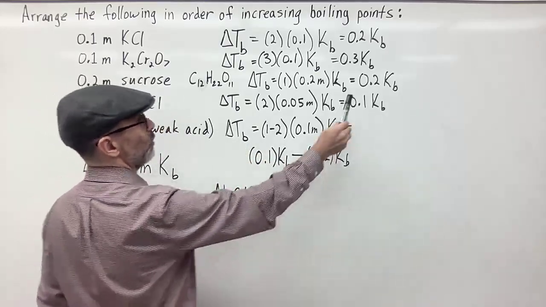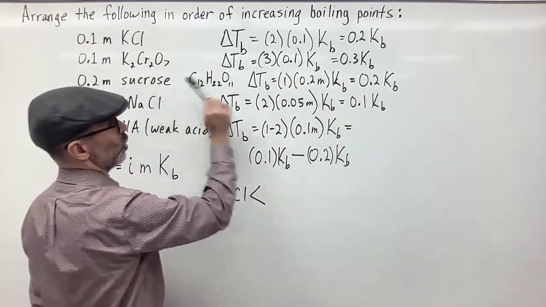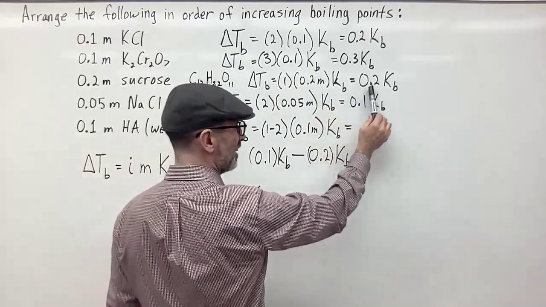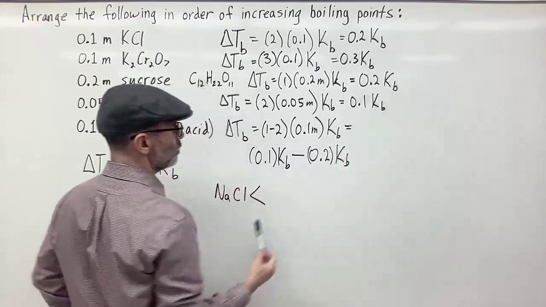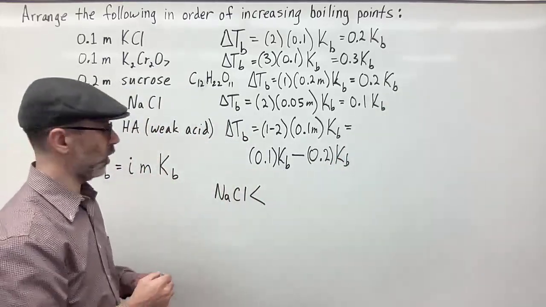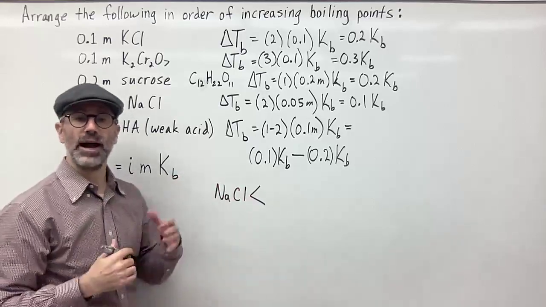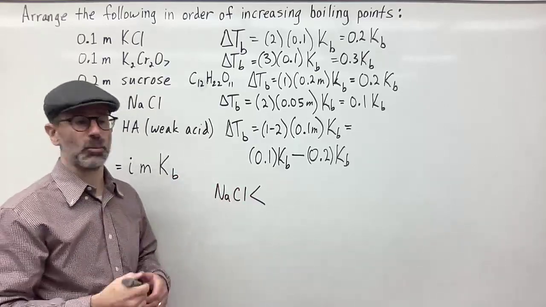And then following that, we have the KCl and the sucrose, which are both exactly 0.2 Kb. So that means that the weak acid here is going to be the next one because it's somewhere between 0.1 and 0.2 Kb, whereas the others are 0.2 Kb.